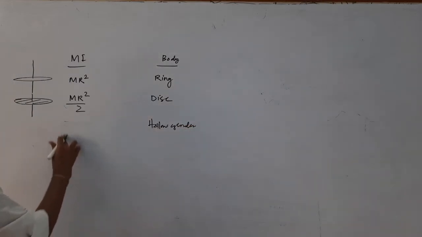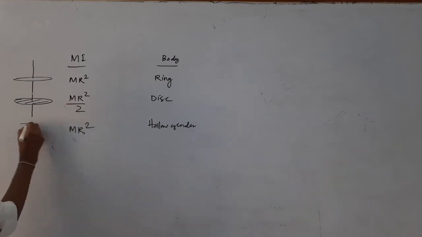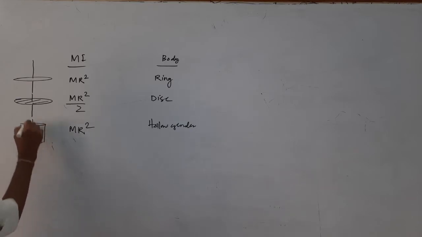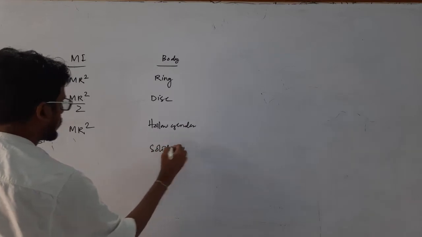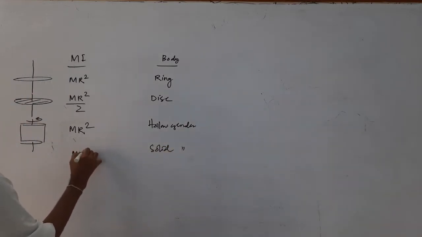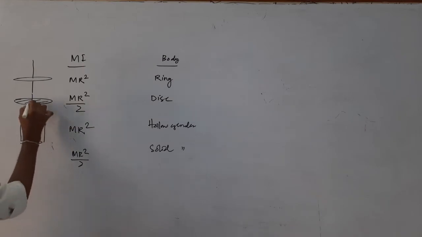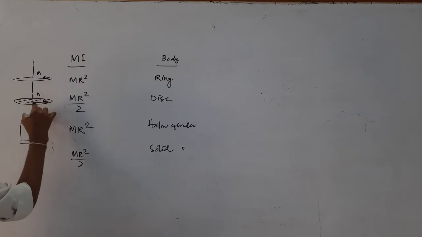Its moment of inertia will be the same as that of a ring, that is mr square about its own axis. So this is a hollow cylinder about this axis. Then for a solid cylinder, it is mr square by 2, where r is the radius and mass is m in each case.